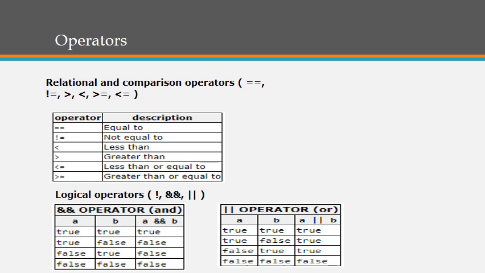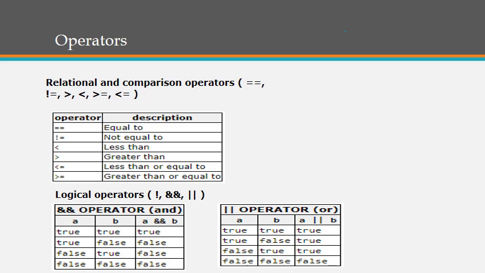There are also operators for relation and comparison. If we want to know if two values are equal, if one is greater than the other, if the other is smaller than the other, these comparison operators, or relational operators, return the value true or false, which is a Boolean value.